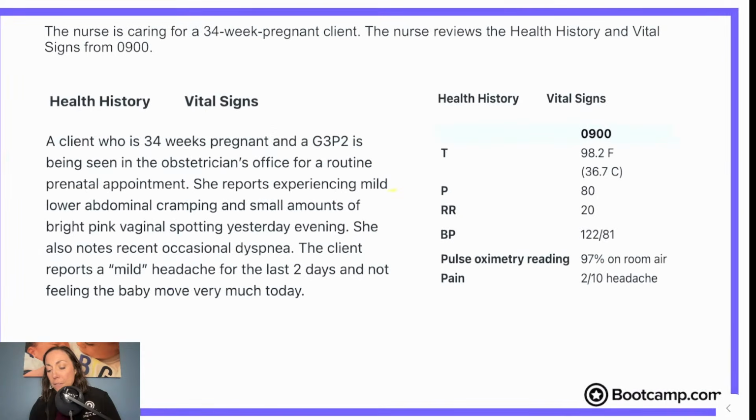So looking at this information, what things were concerning for you guys? What things did you see? What did we think about her being 34 weeks pregnant? Is that term or is that preterm?